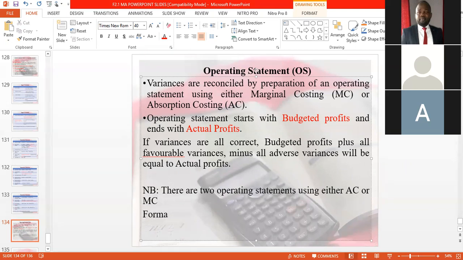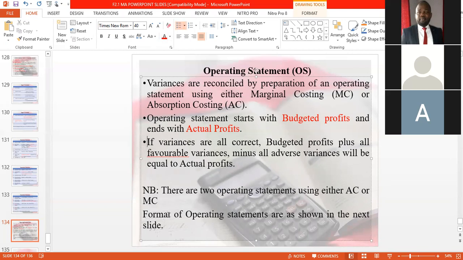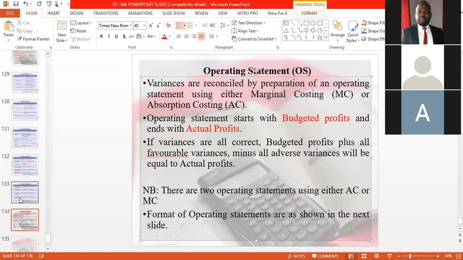So next we want to look at the format of operating statements. The formats are as shown in the next slide. So let's go to the next slide.